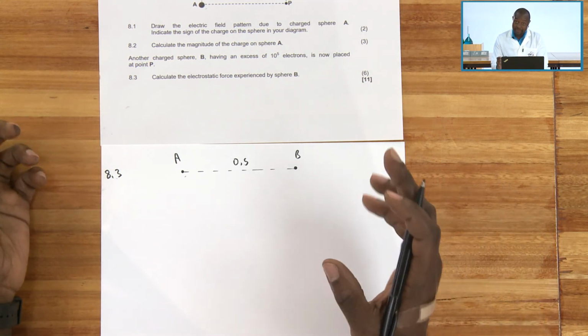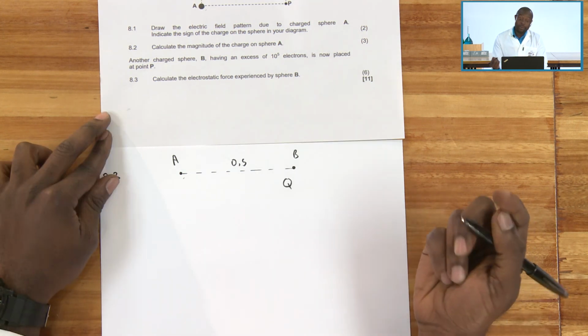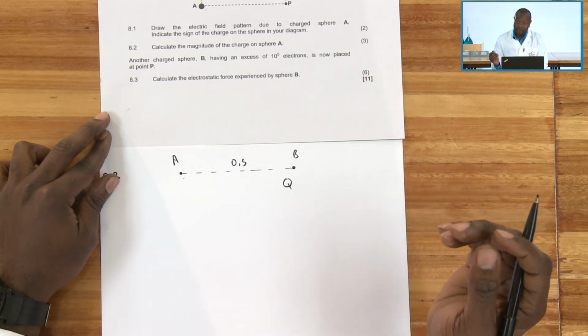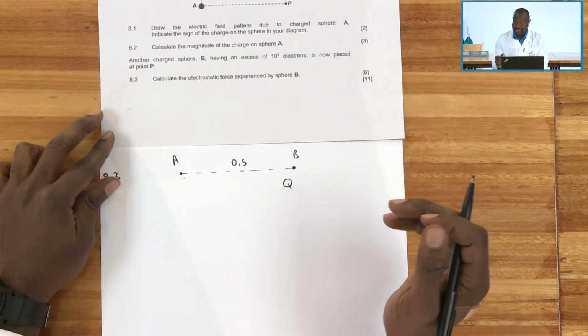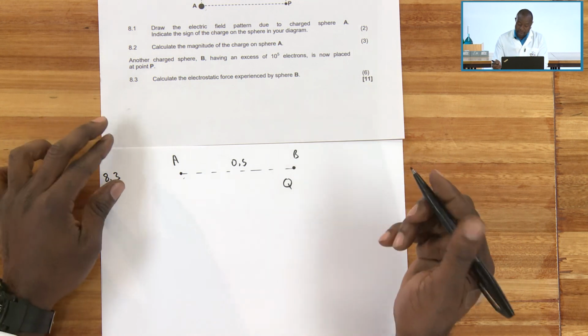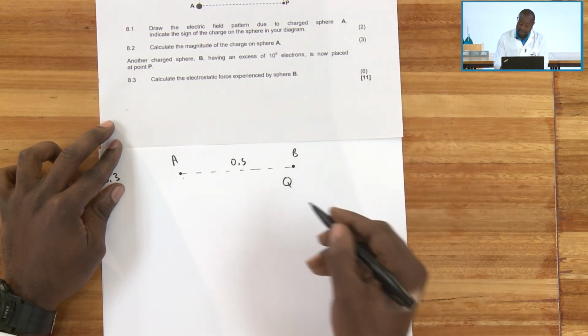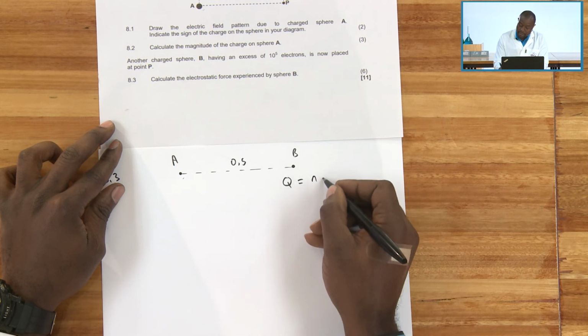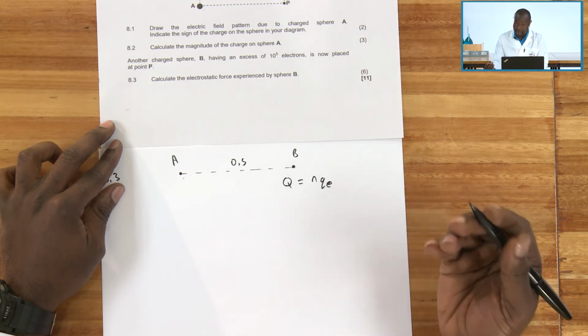So we need to find firstly the charge on sphere B. If we have an excess of 10 to the power of 5 electrons on sphere B, to find the charge on sphere B, we apply our formula for quantization of charge. It says Q is equal to N QE, where N is the number of electrons and QE is the charge on a single electron.